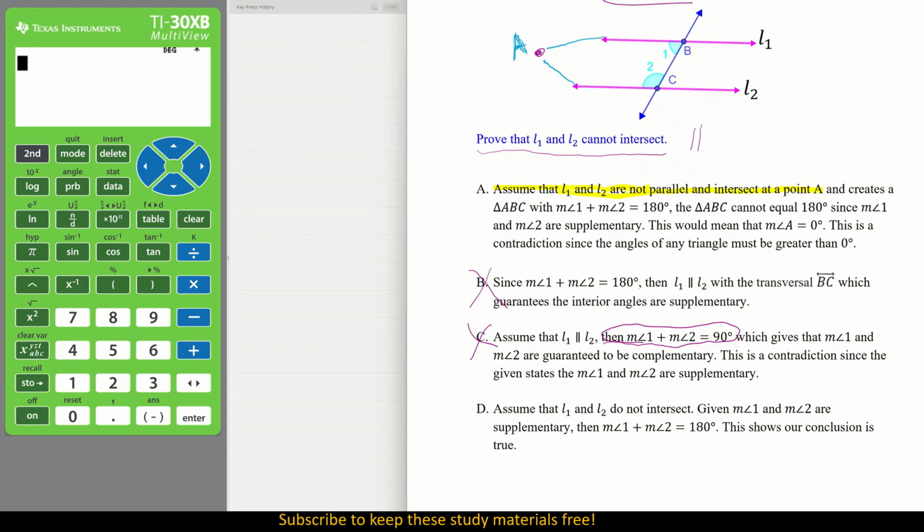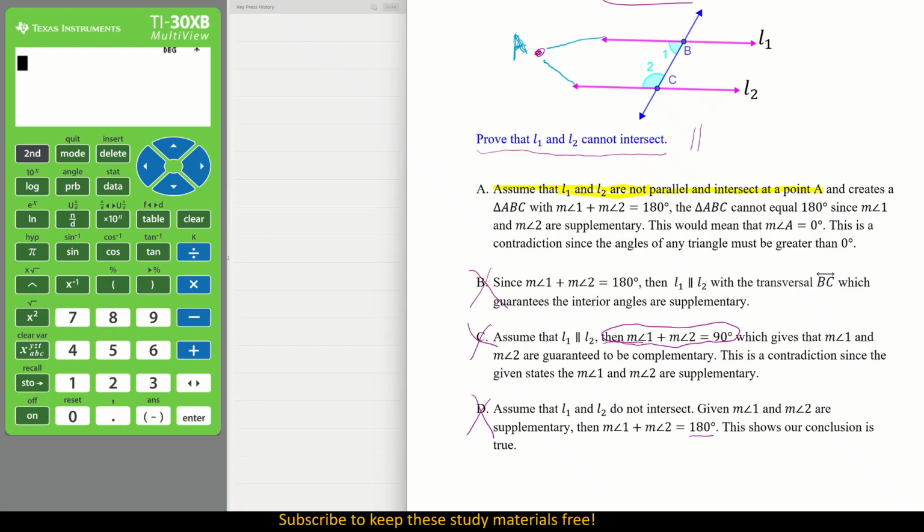It says given that they are supplementary, then they equal 180. Well, that's like restating the definition. A supplementary is 180. Okay. Well, I guess they're giving us the numeric. This shows the conclusion is true. Okay, that doesn't show anything. That's just restating the obvious numerically. That makes no sense. D makes no sense.